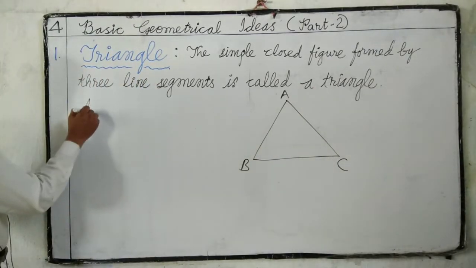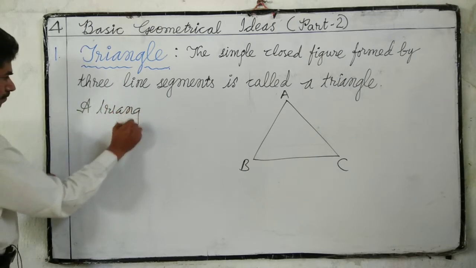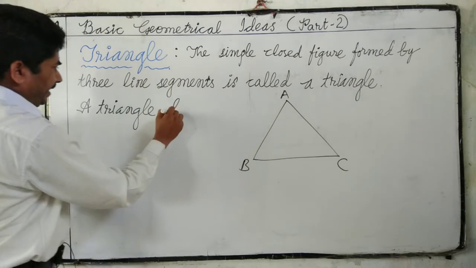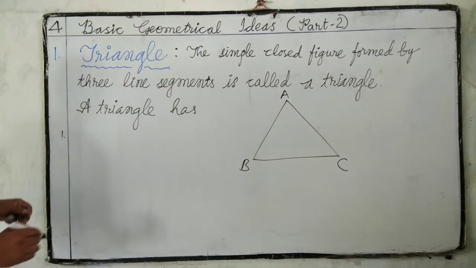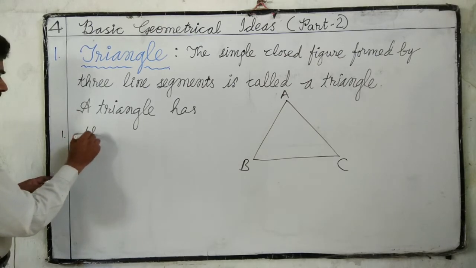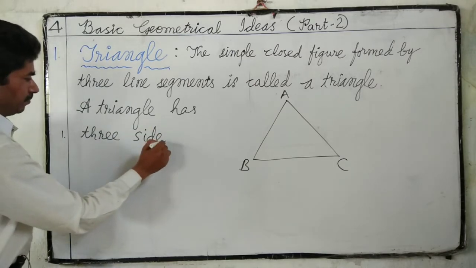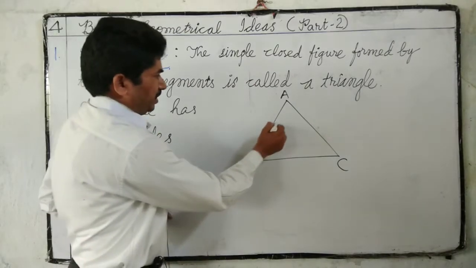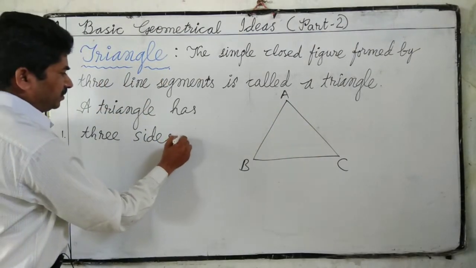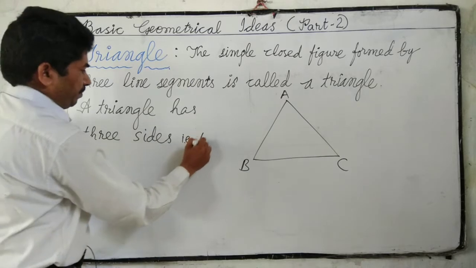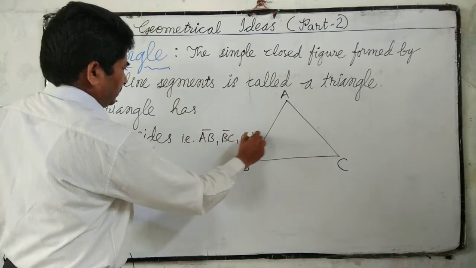A triangle has three sides. These are sides AB, BC, CA.